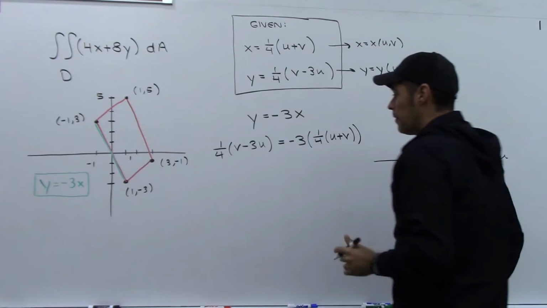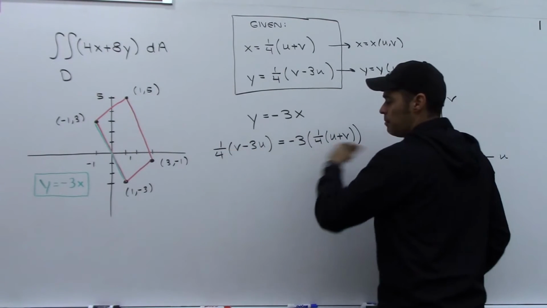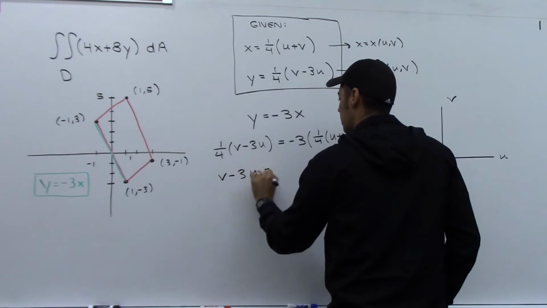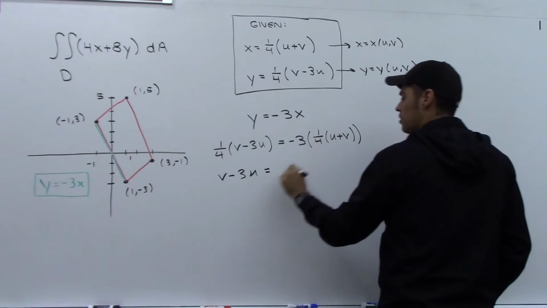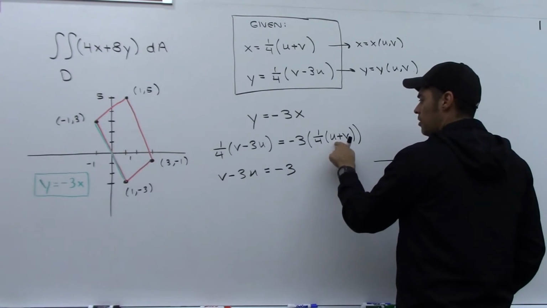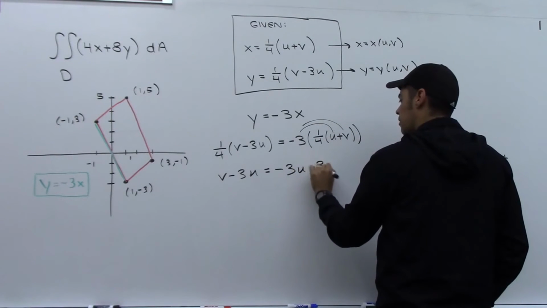And I noticed that because this is multiplication, I have a 1/4 here and a 1/4 here. I'm just going to multiply both sides by 4. That'll give me v minus 3u equals, it'll kill off this 1/4, so I'll still have the negative 3 out here. And then I'm going to distribute that negative 3 through. So negative 3u minus 3v.